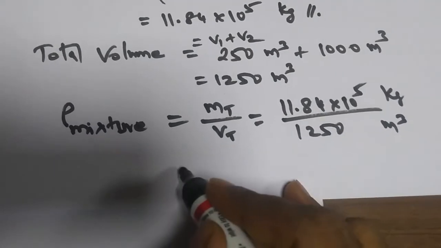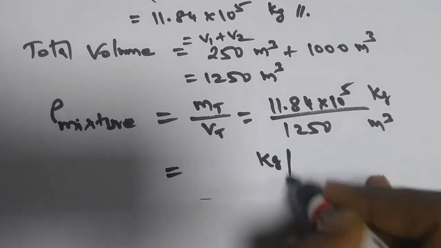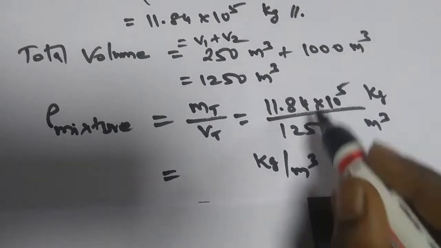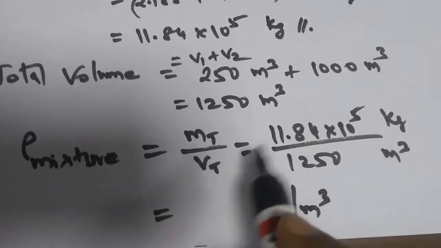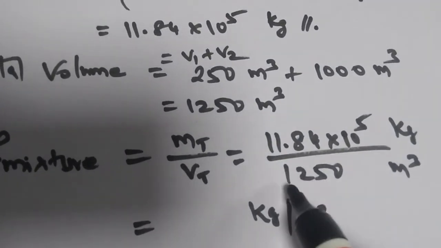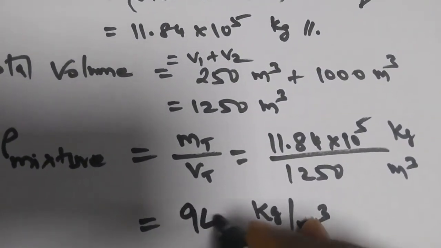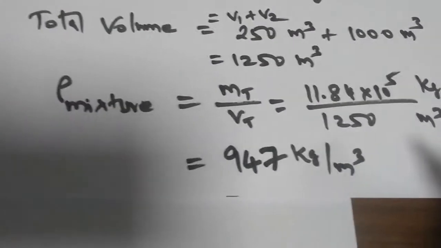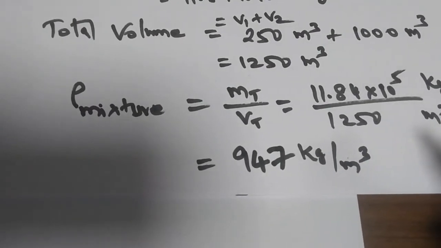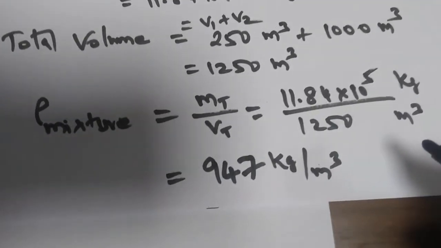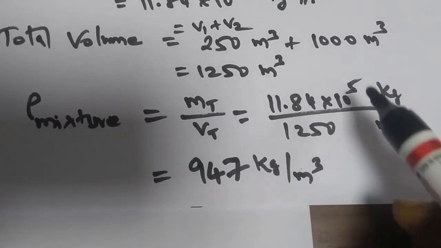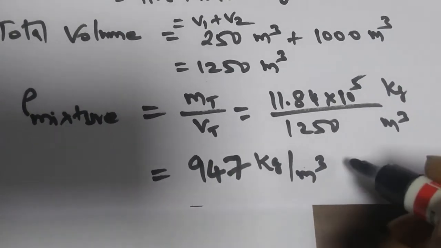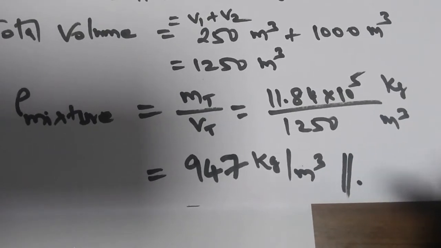So we are getting the density of the mixture in kg per meter cube. Please use your calculator and let me know the answer. We get the density of the mixture to be 947 kg per meter cube. So the density of the mixture containing 250 meter cube of gas oil and 1000 meter cube of fuel oil is 947 kg per meter cube.